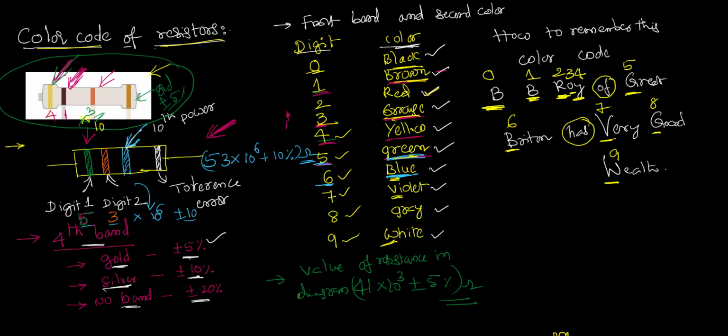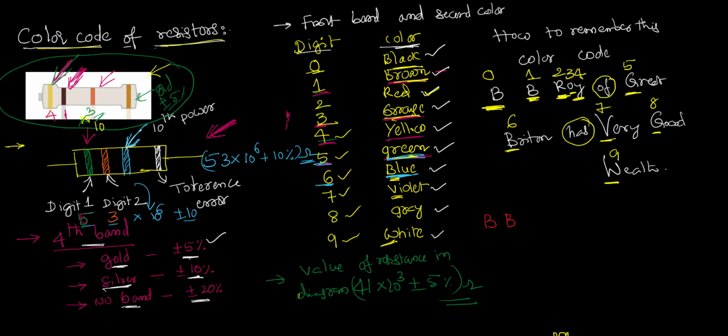So, if you are a little worried about how do I remember this color code, just remember this sentence. The sentence is simple. I will write it once again for your convenience. The sentence is like this. B represents black.